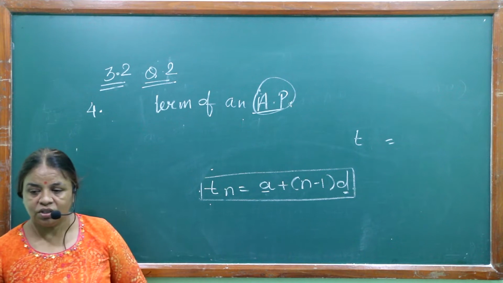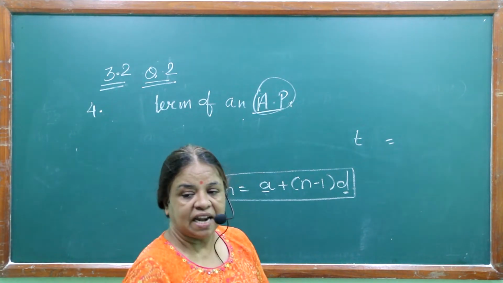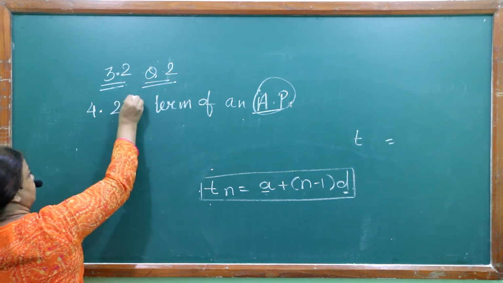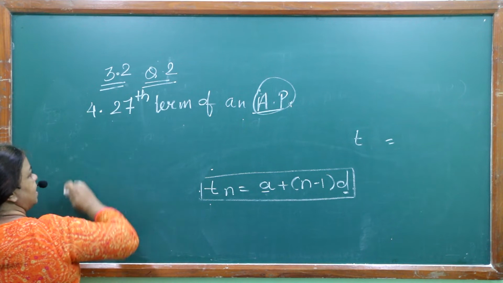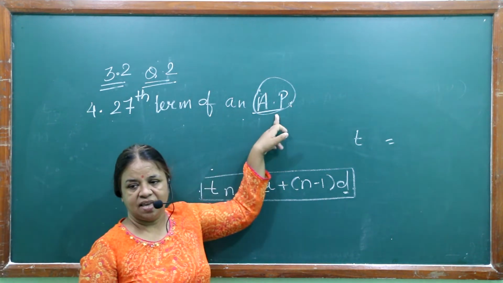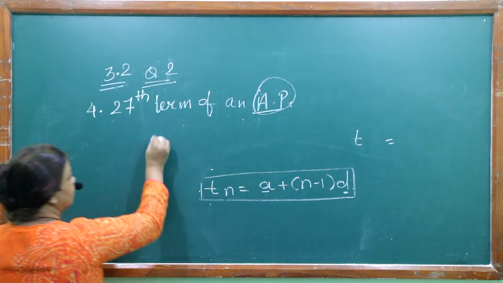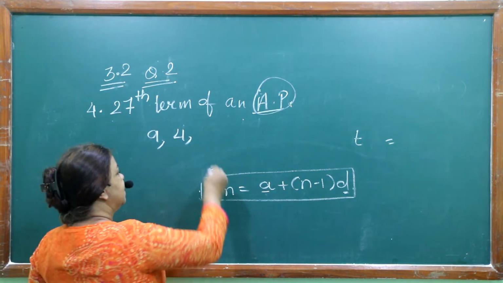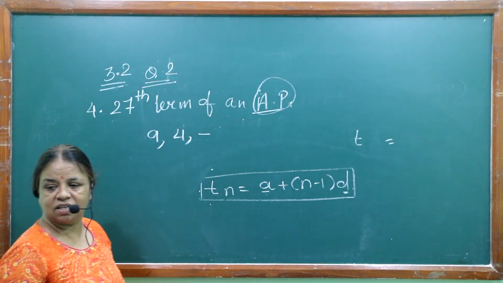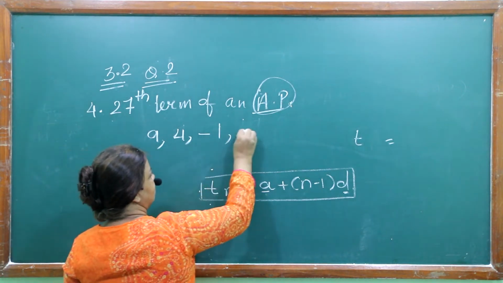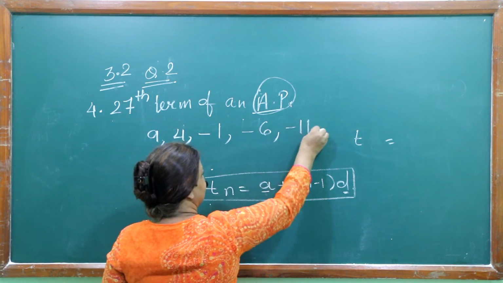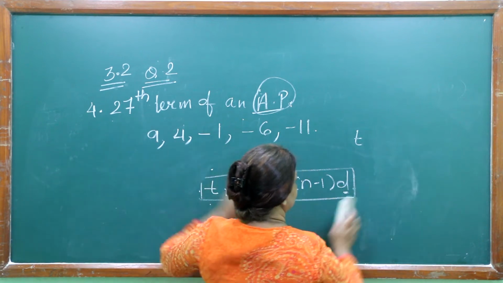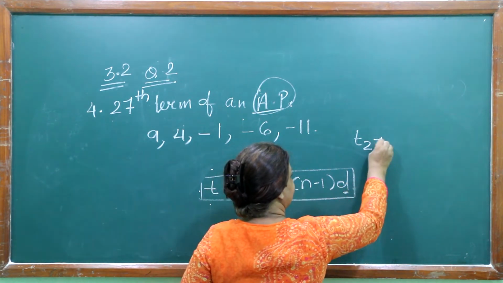We have to find out the 27th term of an AP, and the given AP is 9, 4, minus 1, minus 6, minus 11. And I need to find out the 27th term. So I can write here T27, question mark.